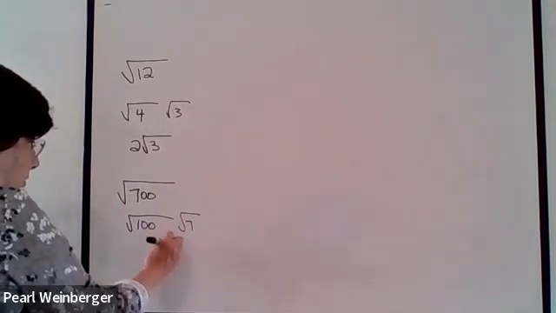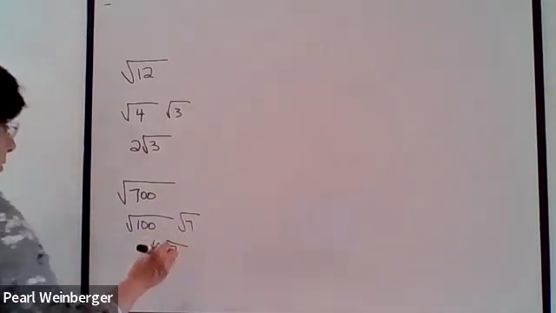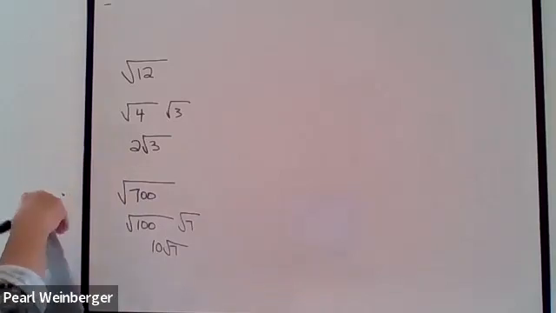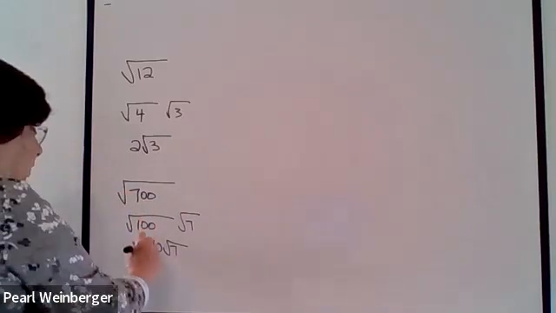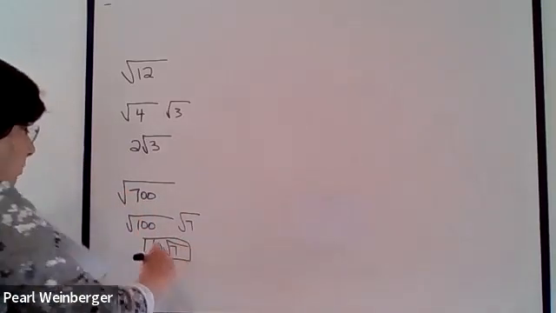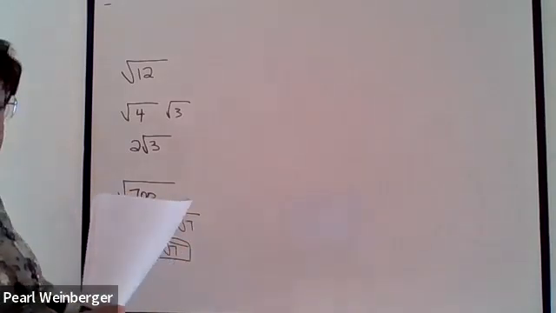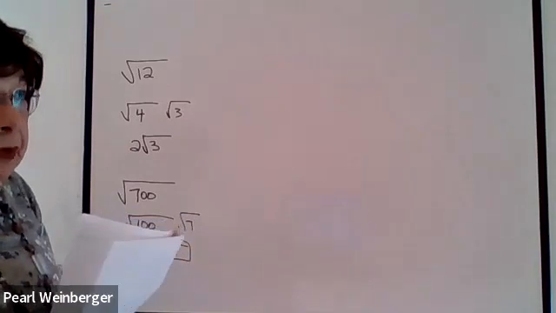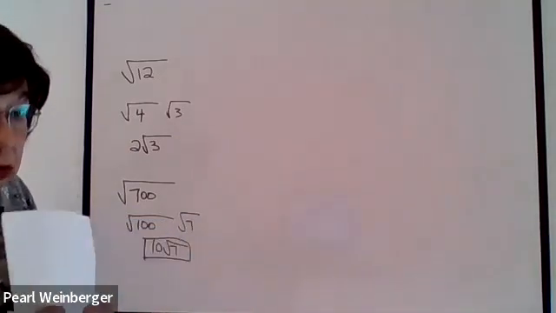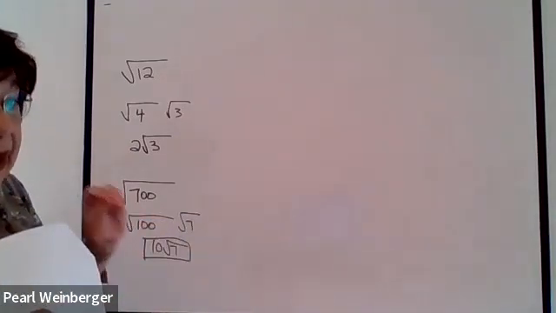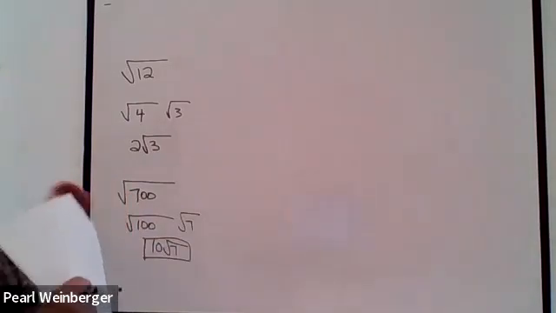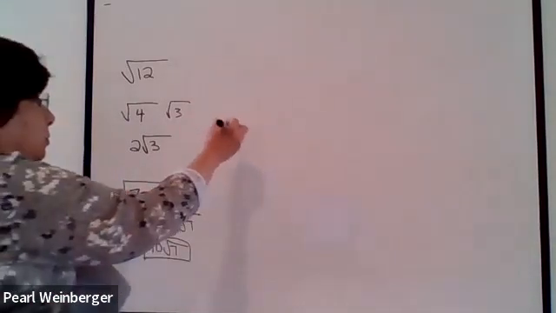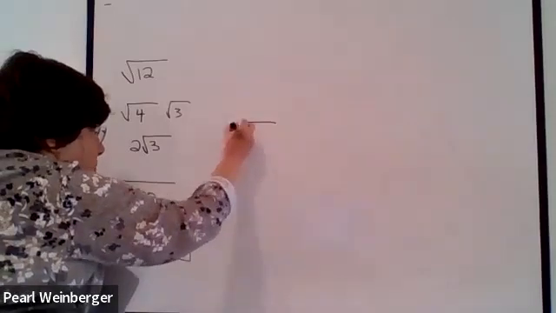So the answer to this one becomes 10 times the square root of 7, or 10 radical 7. So the whole process involves breaking up your square root into 2 numbers, one of which has to be a perfect square. Let's say I gave you the square root of 48.